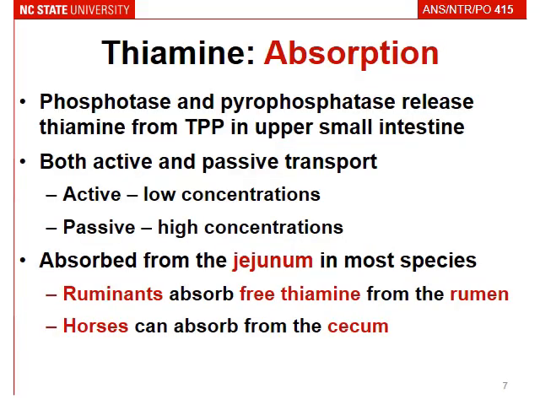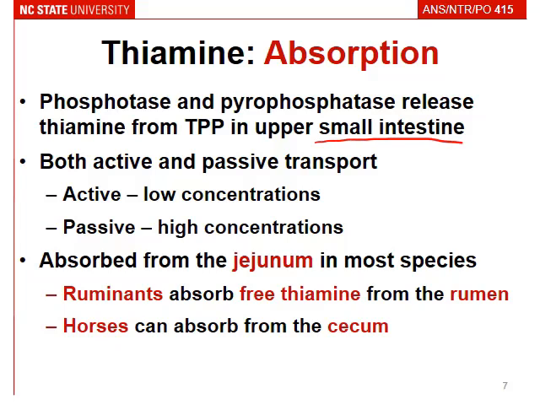So how do we absorb thiamine? So first we need to remove those phosphates. So we have our phosphatases and pyrophosphatases that cleave those phosphate groups off of the thiamine molecule, and that occurs in the upper small intestine, more in the duodenum.